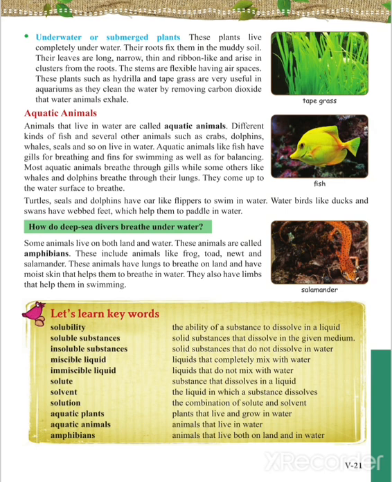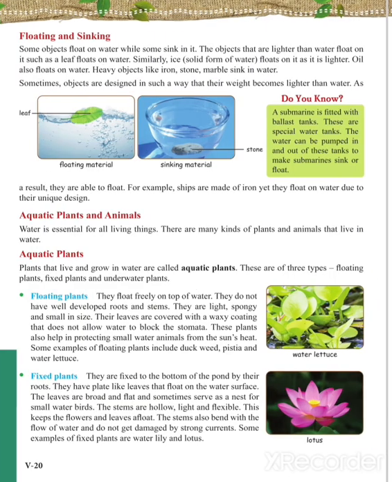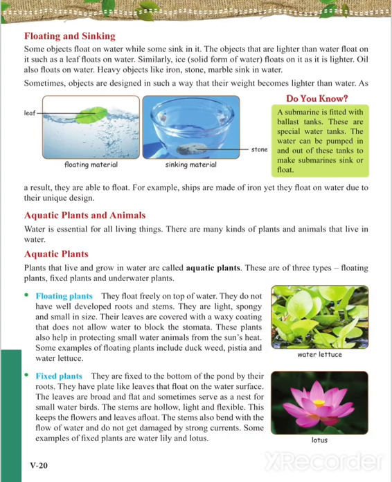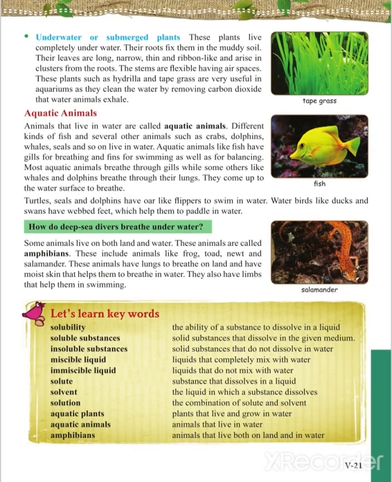Plants such as hydrilla and tapegrass are examples of underwater plants, which help aquatic life and aquariums as they clean the water by removing the carbon dioxide exhaled by the aquatic animals.